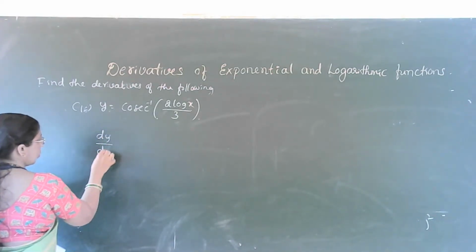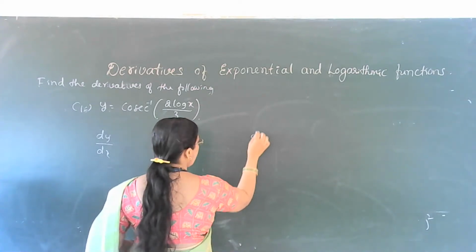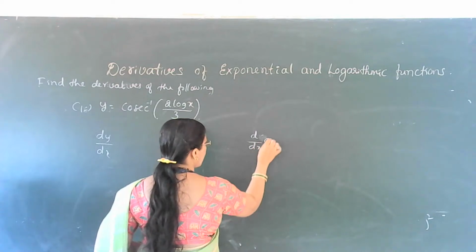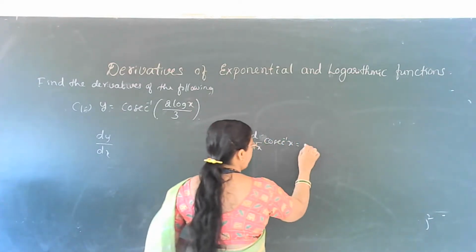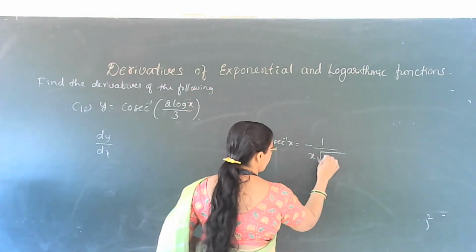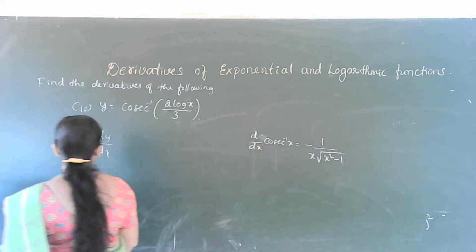Here we use the derivative of the inverse function cosec inverse x. The derivative of cosec inverse x is equal to minus 1 by x into square root of x square minus 1.